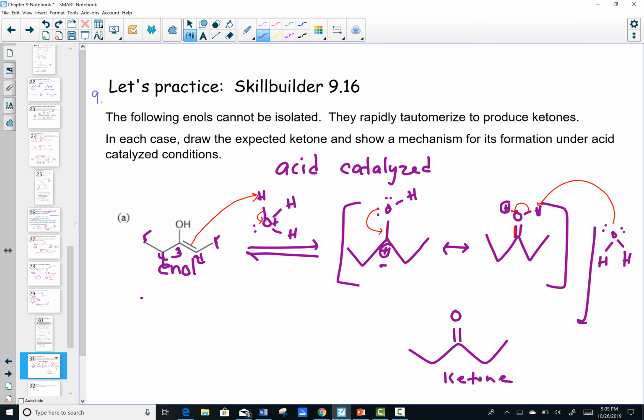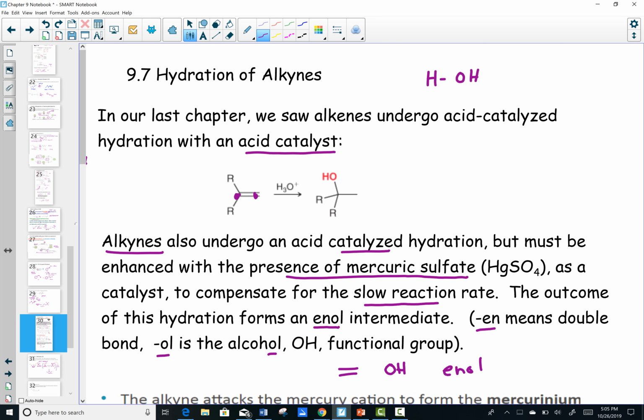When an enol is in dynamic equilibrium with the ketone, we call it tautomerism. Tautomerism is the shifting of electrons and atoms to create isomers of one another, tautomers. Let's remind ourselves of the word tautomer.